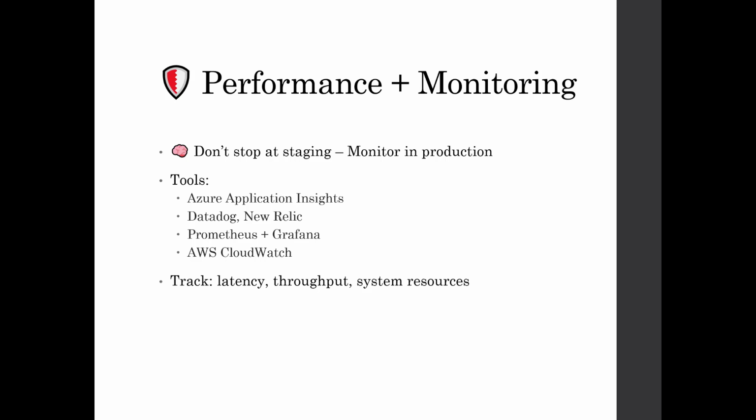And then performance monitoring, right? We don't want to stop at staging. Some people call that pre-flight testing. We want to monitor in production as well. So tools like Azure Application Insights, Datadog, New Relic, Prometheus, Grafana, CloudWatch.